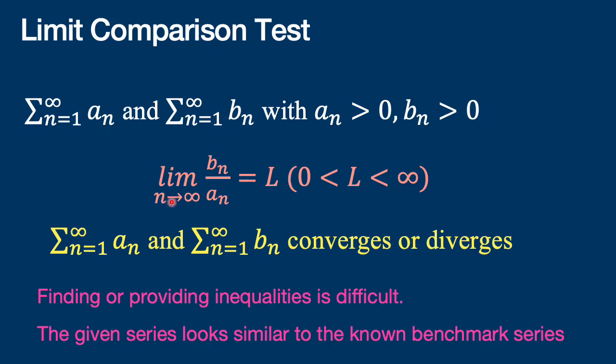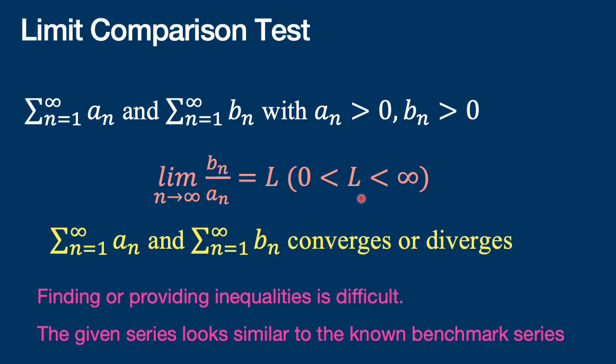We're going to test the limit of bn over an or an over bn. Whichever ratio you take gives the same result. So you take bn over an and take the limit, just checking the behavior. They have a limit L.